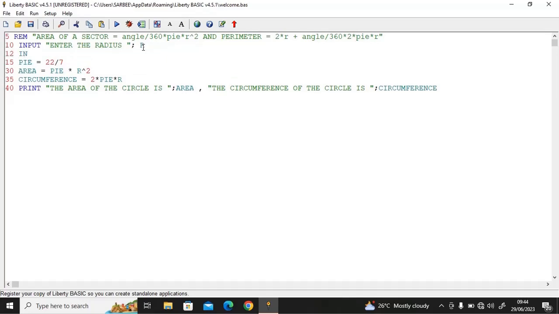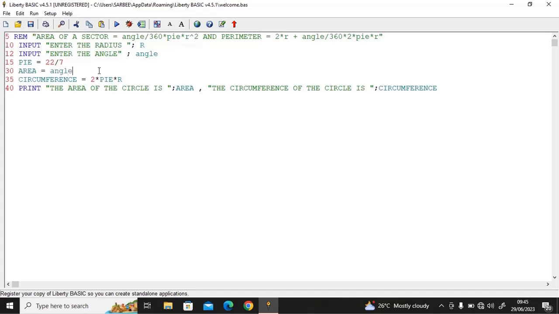So input: enter the angle, semicolon. Let me just put angle here, or A. Let's make it A. No, angle is okay. Now what will the area be?